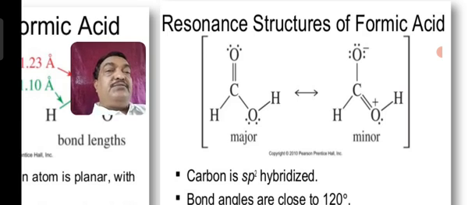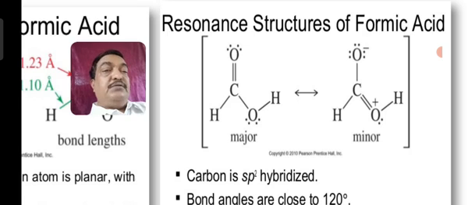In the first case, oxygen is delta minus and carbon is delta plus. When resonance occurs, the double bond shifts so that carbon has a double bond to the other oxygen, with a plus charge, and the earlier oxygen gets a minus charge.